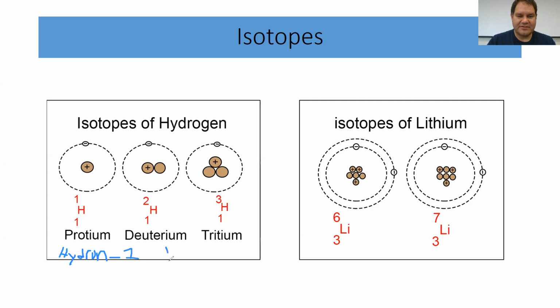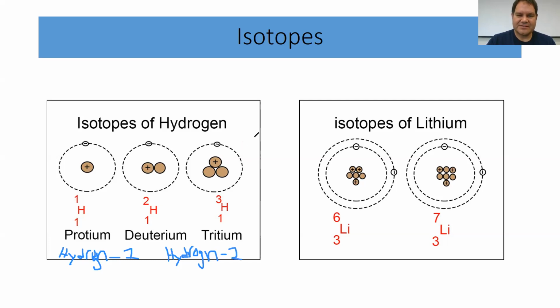The second one is going to be represented by, I need to spell that right. Hydrogen what? There's my hyphen. Hydrogen-2, 1, 2. Okay, the mass number is 2.